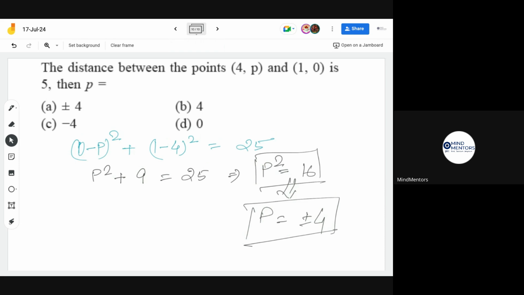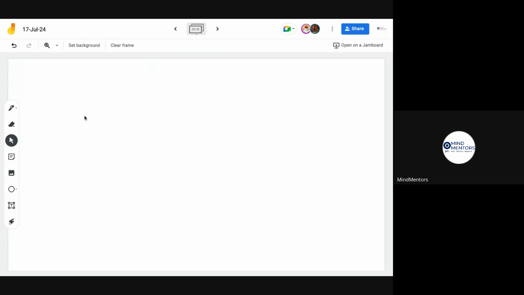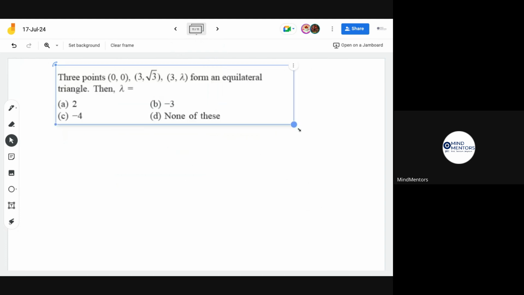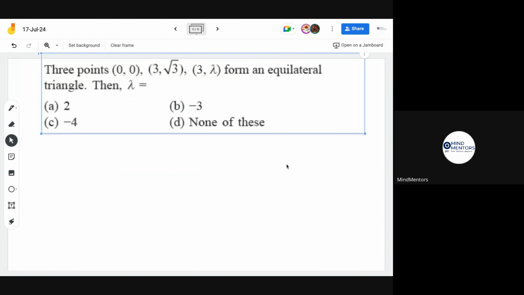Okay, now let's look at another problem which we couldn't do earlier. This is the problem. 3 points, 0 0, this and this form an equilateral triangle. Then lambda equals what?